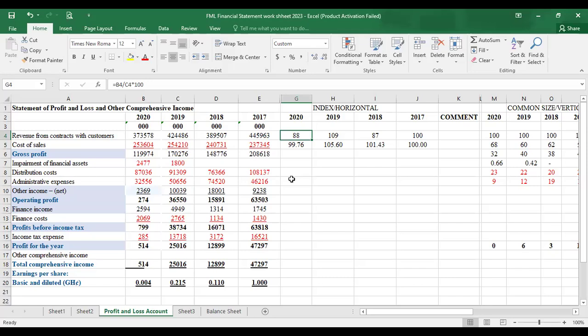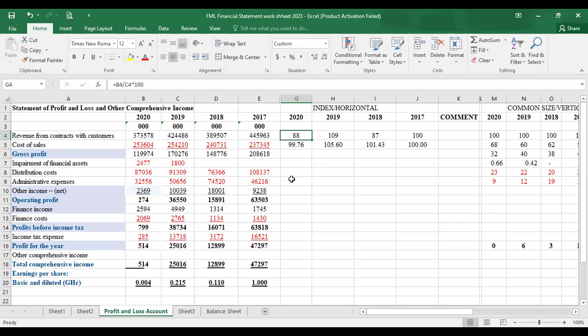Okay, so for a business or an analyst, you will decide which one to use in each scenario. But sometimes when you use the common size alone, it doesn't give you a clear picture. You need to use the index or horizontal analysis. Yes, I'm coming to answering it.